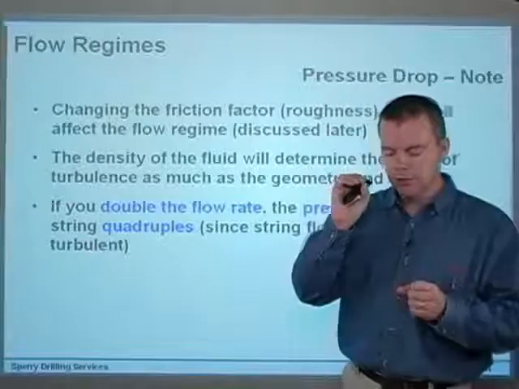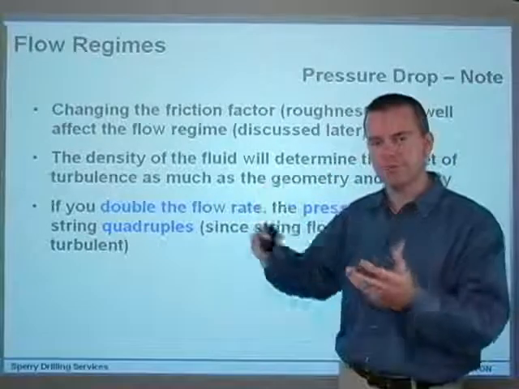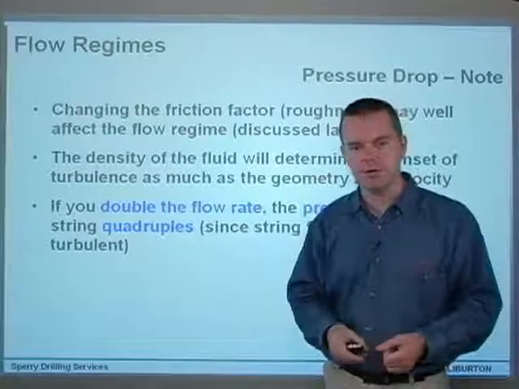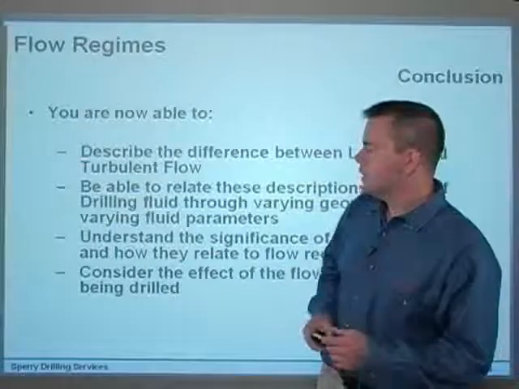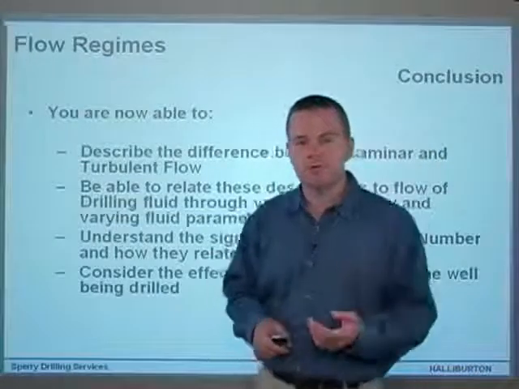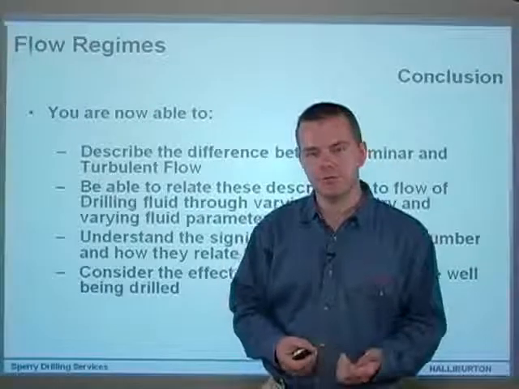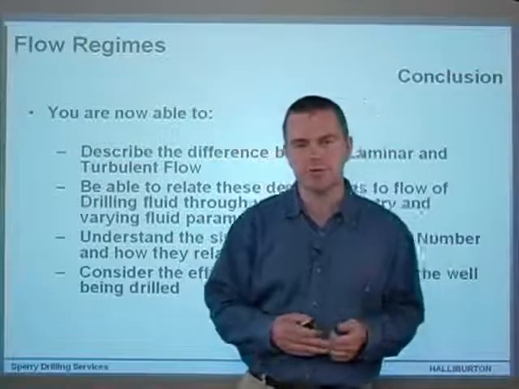If you plug a figure in, you'll be able to work out the effects on the answer that you're going to get based on some of these notes. So you're now able to describe the difference between laminar and turbulent flow. You should be able to relate these descriptions to flow of drilling fluid through varying geometry and also varying fluid parameters.